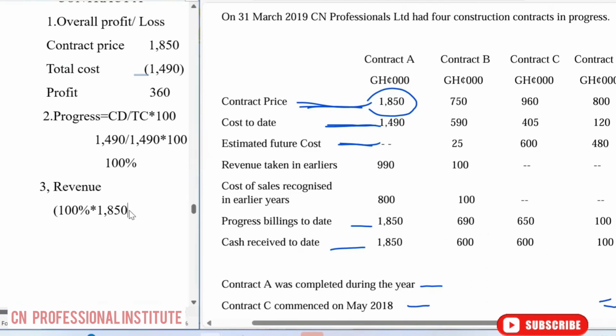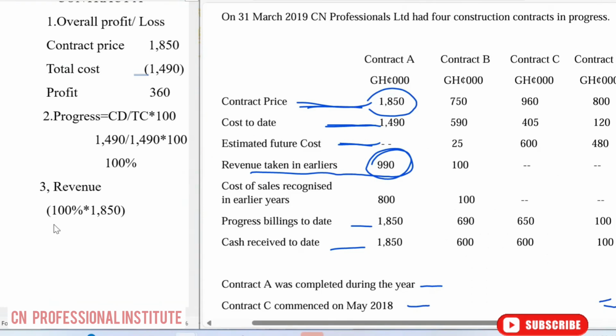But here we said that we've already recorded revenue in the previous years. Are you following? We have already recognized previous revenue. If you come here, look at this 990 here. It says revenue taken in the previous years.